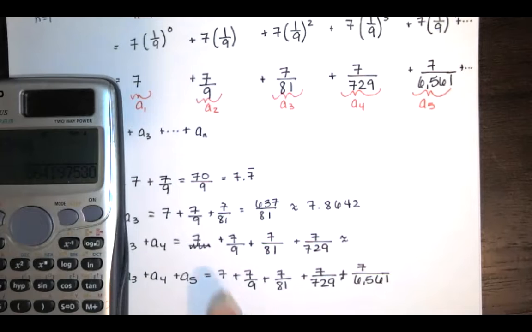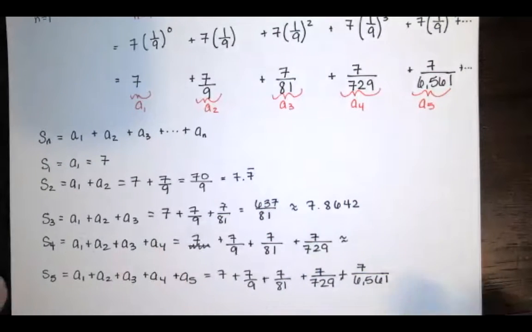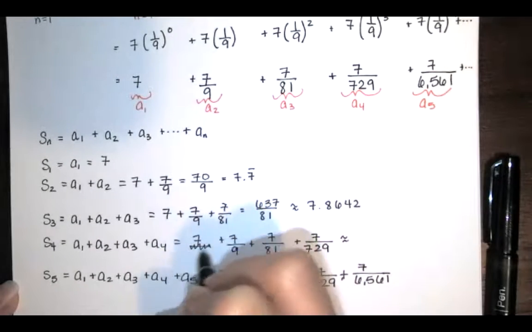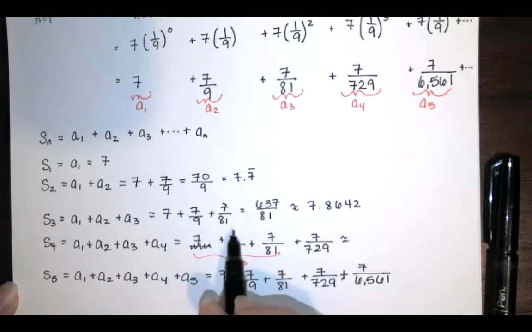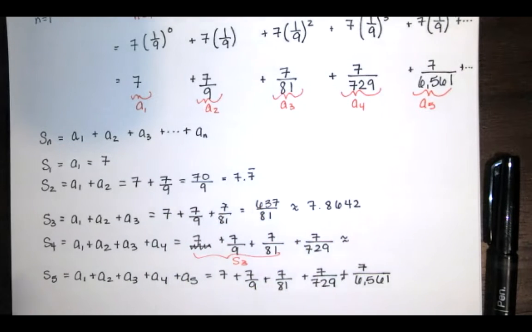Then if I want the next one, I take the third partial sum. This is S sub 3. That's what I just calculated. And then I add the 7/729.